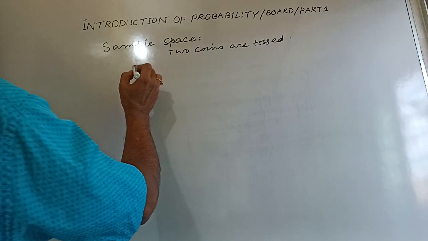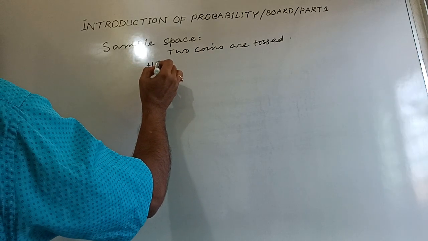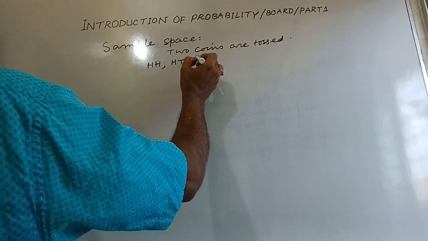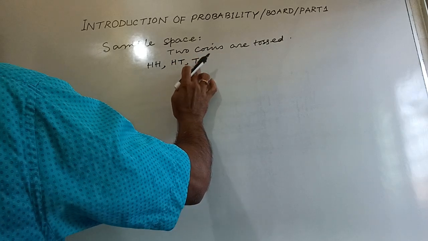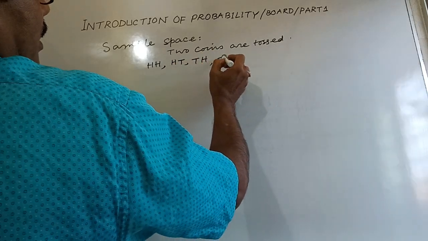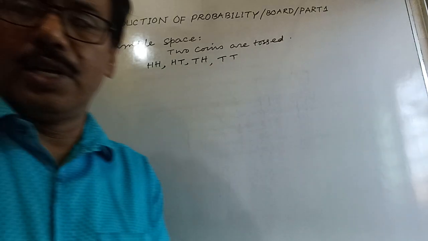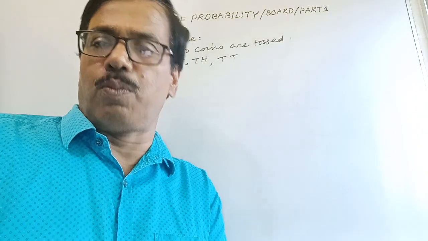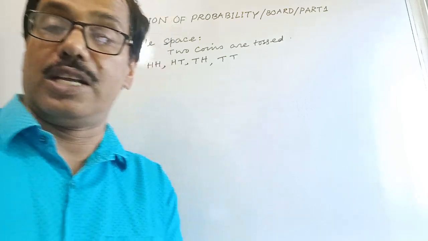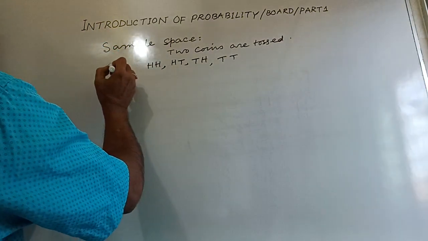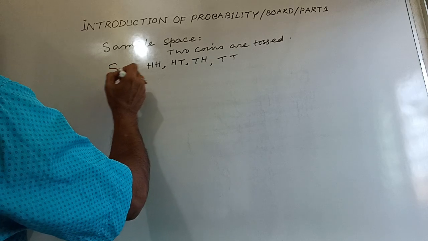What are the outcomes? HH is an outcome, HT is an outcome, TH, tail first then head. So these are the outcomes. The set of all possible outcomes is called the sample space. It is denoted by S.